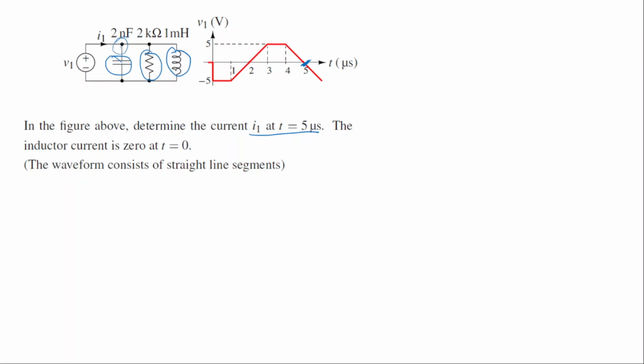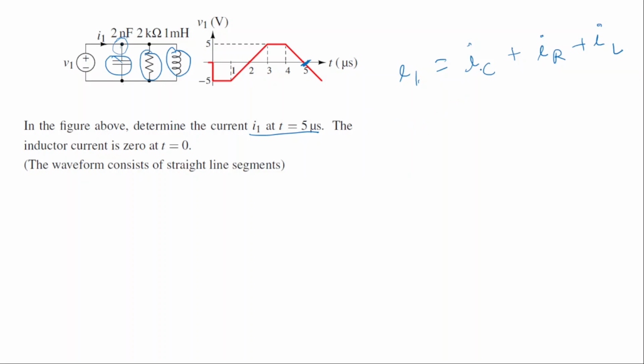So the total current I1 will be equal to the sum of the current in the capacitor plus the current in the resistor plus the current in the inductor.